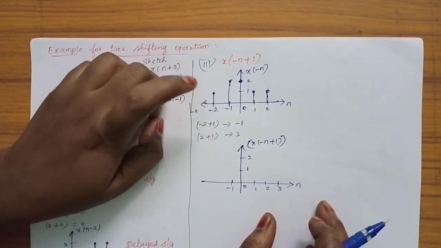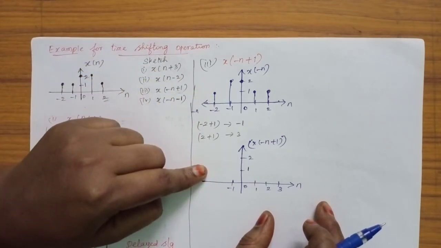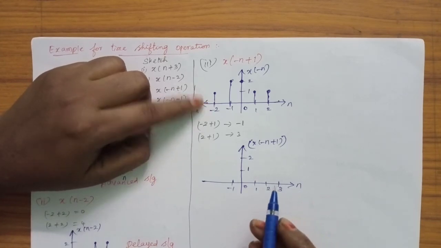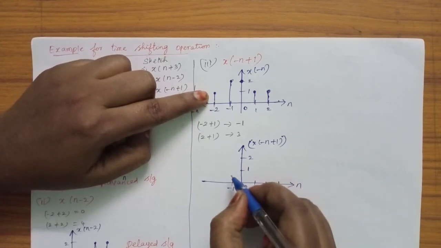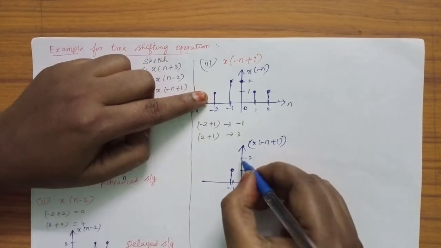So first we have to plot x of minus n and then shift the signal x of minus n. Okay, so the value at n equal to minus 2 is 1, so this value will move to n equal to minus 1.